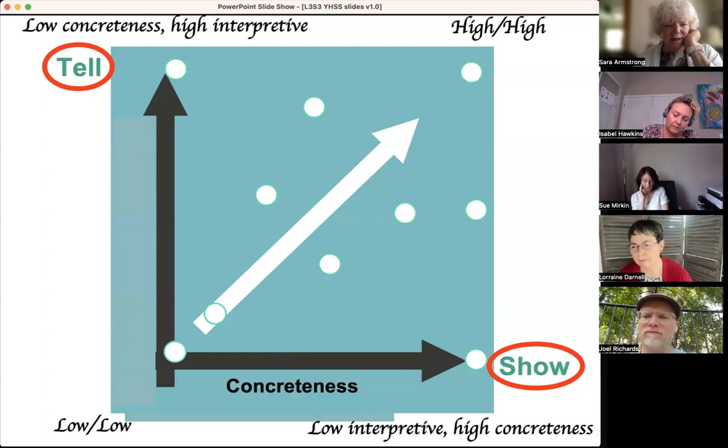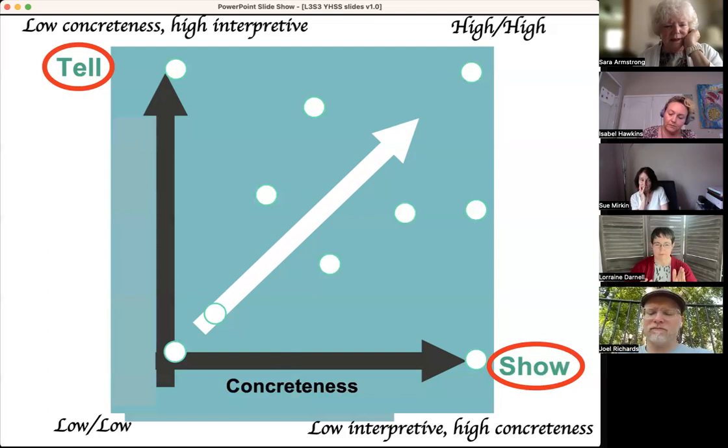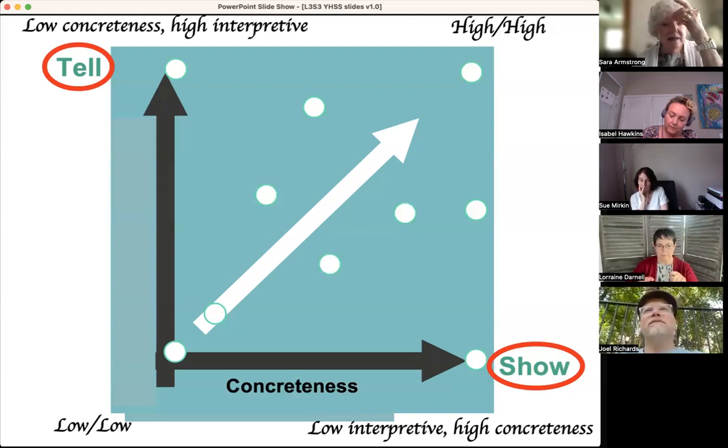Is it low concreteness or high concreteness, or somewhere in the middle? Is it low interpretive or high interpretive, or somewhere in the middle? Whichever two you choose, it puts it at some point in the square.